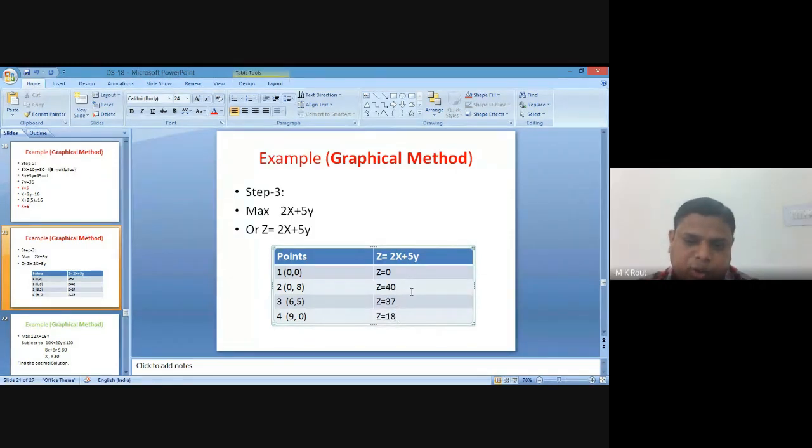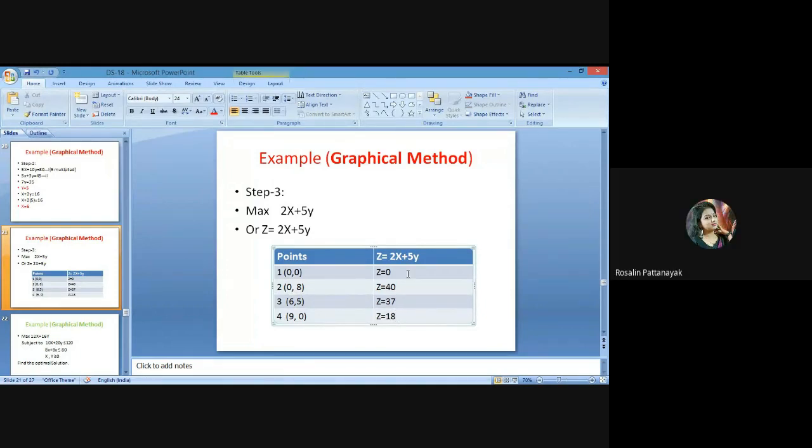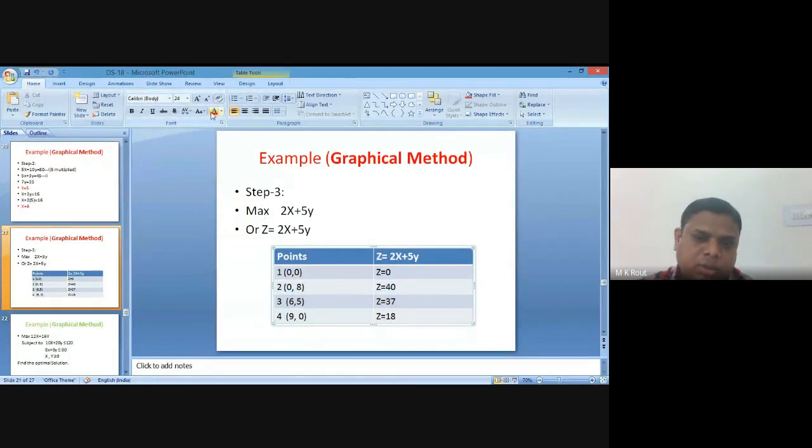So out of these 4 points, which has the higher value? 40, the second one. So this one, 0, 8, is your optimal solution.